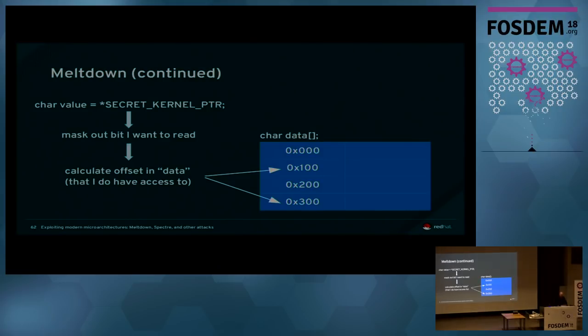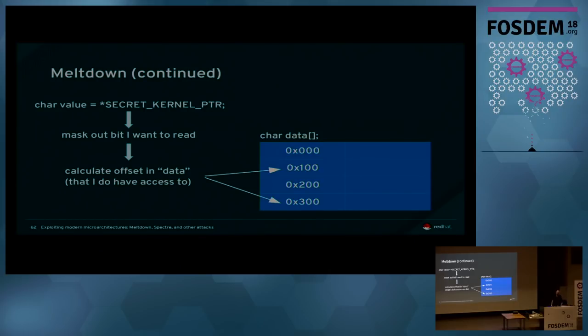Okay, so I might have some secret data. Who knows what it contains? It's some magic data in my Linux kernel I want to read. And if I can arrange for a little piece of code to run speculatively, that means it's not actually necessarily going to be part of my program. I put it inside a branch that may or may not run.